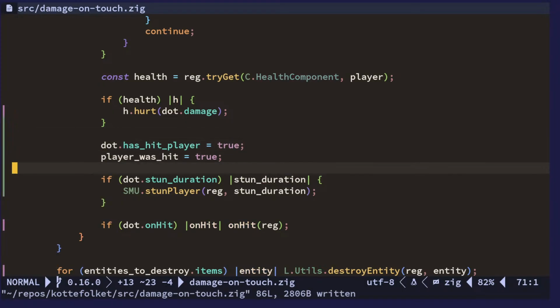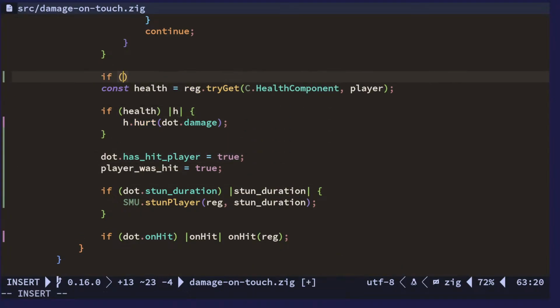That feels more correct. But so this should only happen if player was not hit before.